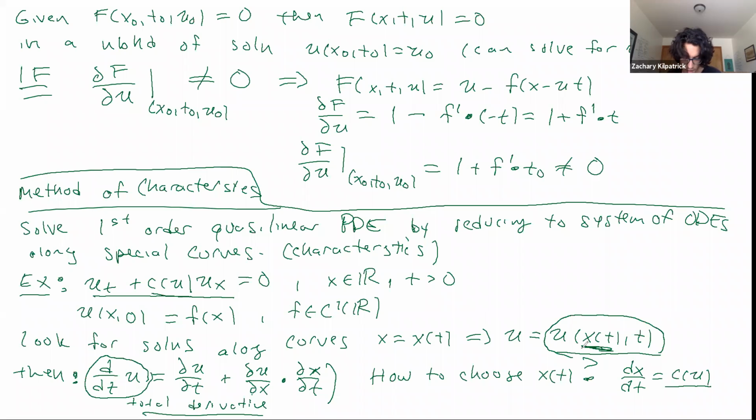So if I can do this, then this is going to imply that du/dt is equal to the partial with respect to the t argument plus du/dx, and now my dx/dt is going to be equal to c of u, and I know that this is equal to 0.